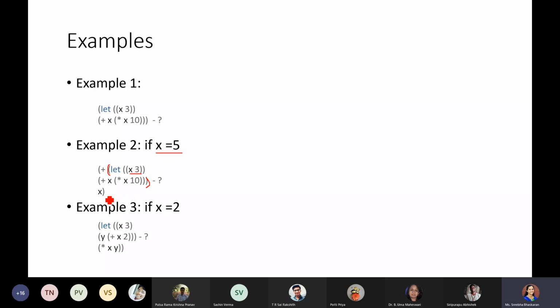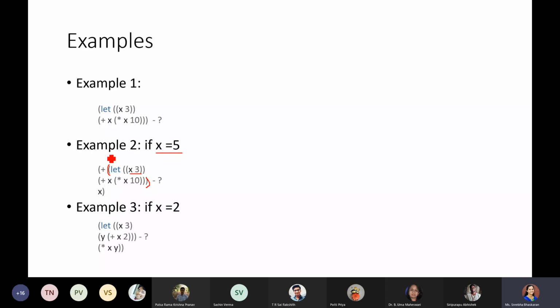Still the expression is not completed. Still we have plus x. So 33 plus x. What is this x value? The let is already closed here. Once the scope is finished, can we access x as 3? We cannot access it. So what will be the x value you get?